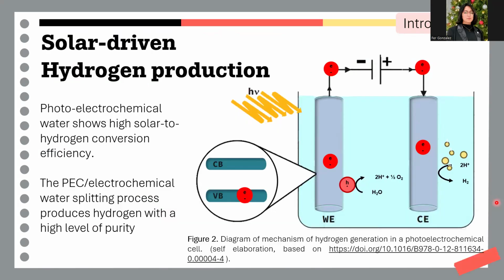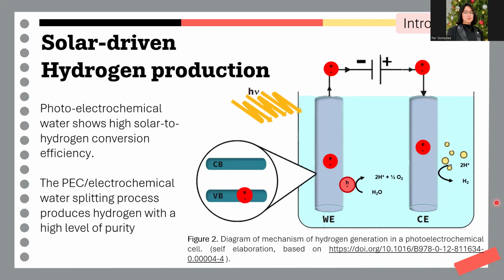One of the most promising technologies are the photoelectrochemical cells. These devices directly use solar energy to split water molecules into hydrogen and oxygen using semiconductor materials as a working electrode.